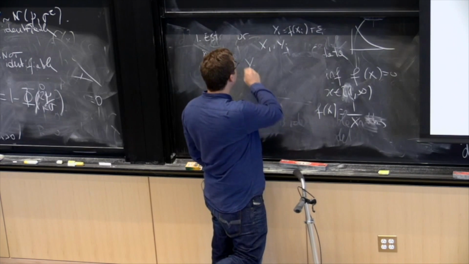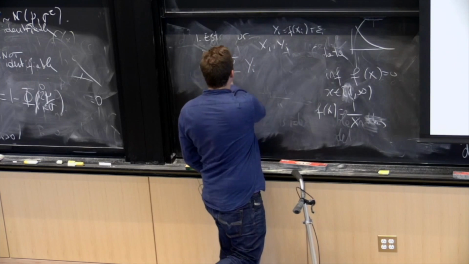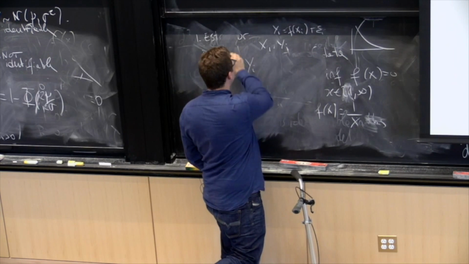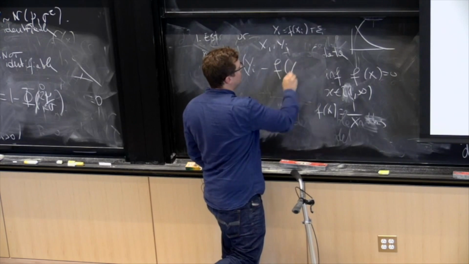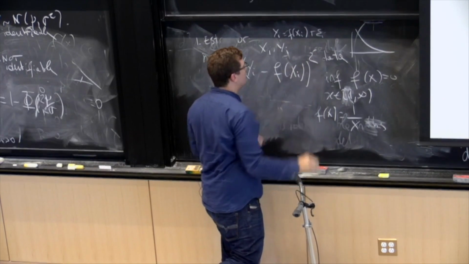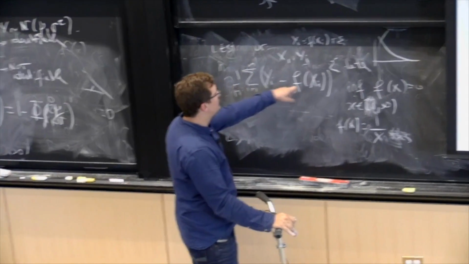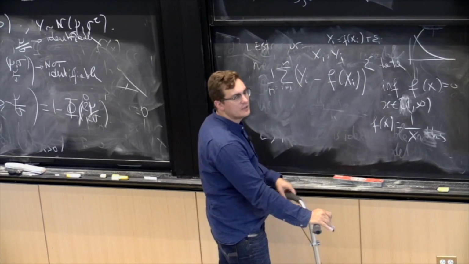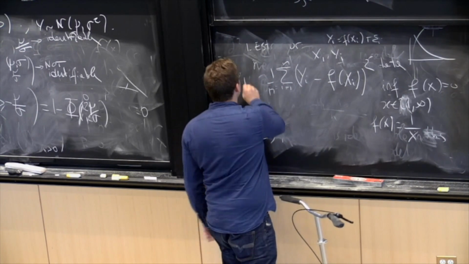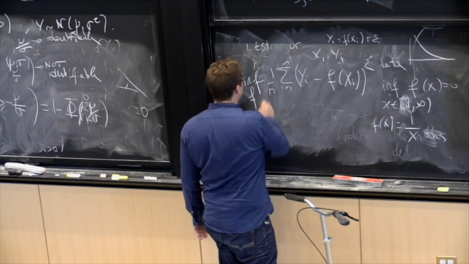Now I'm going to find the following estimator. I'm going to take the average, so I'm going to do least squares. I'm trying to minimize the distance of each of my f of xi to my yi, and I want to find the smallest of them.